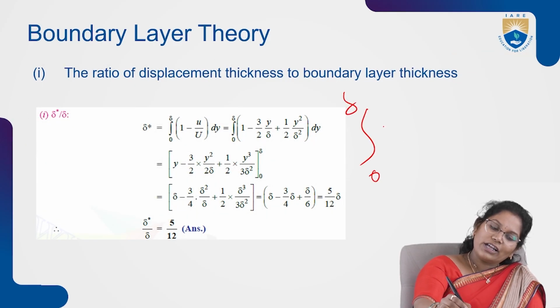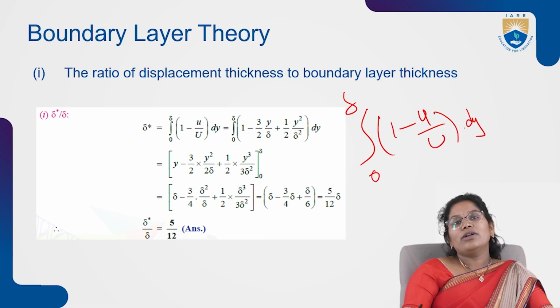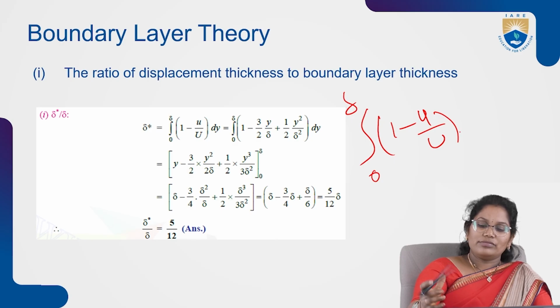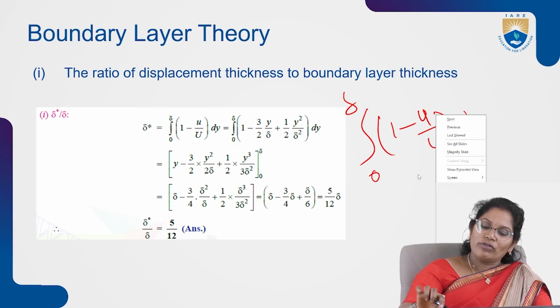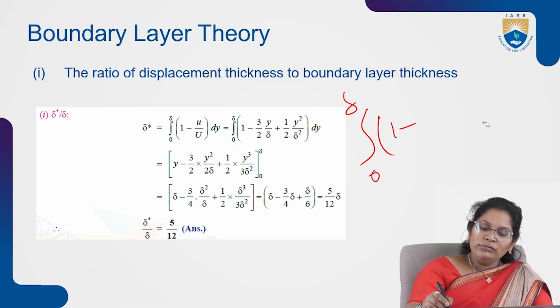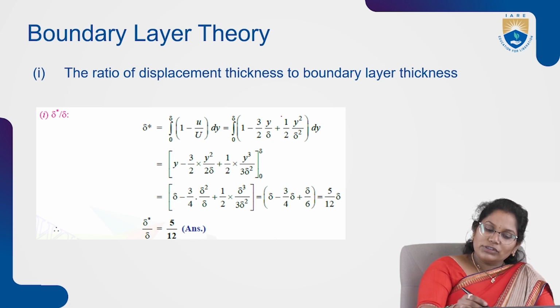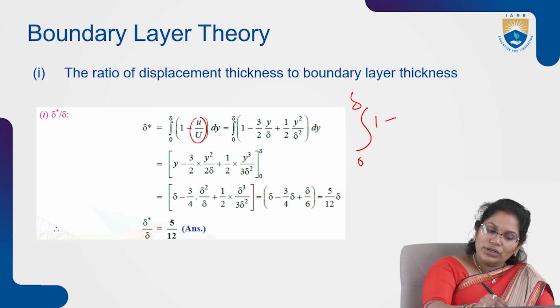Integration of 0 to delta, 1 minus small u by capital U into dy. So in place of u by capital U, we have to write all this, integration of 0 to delta, 1 minus, in place of u, we write all this.